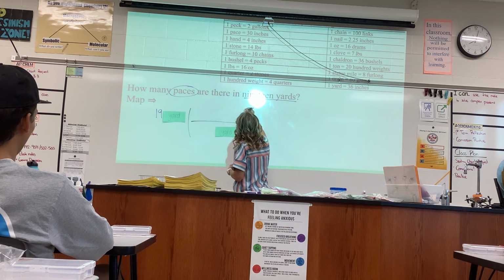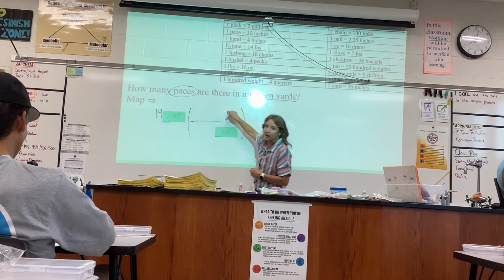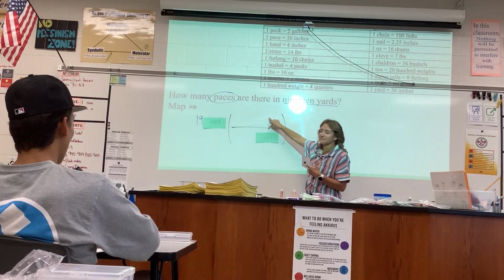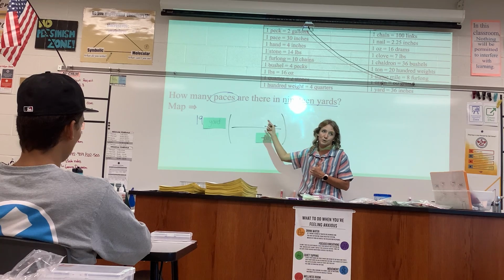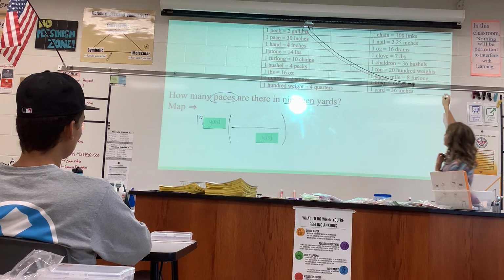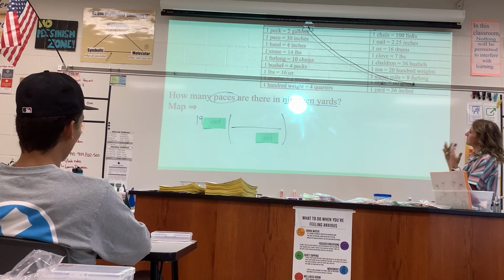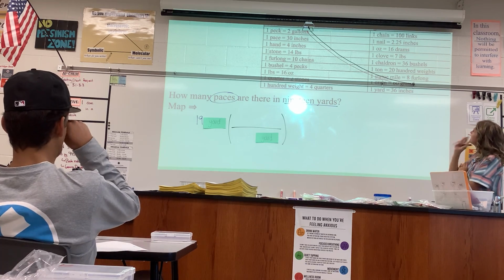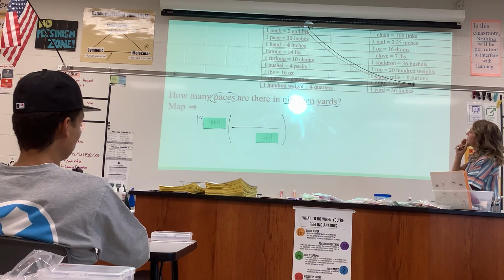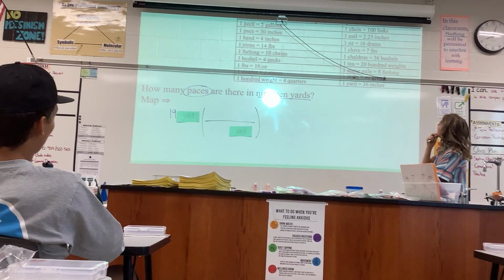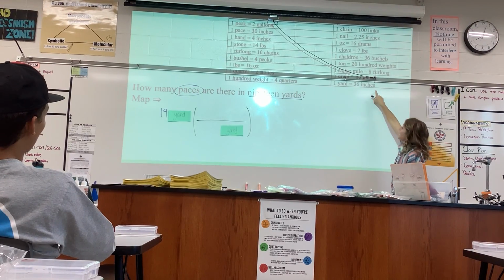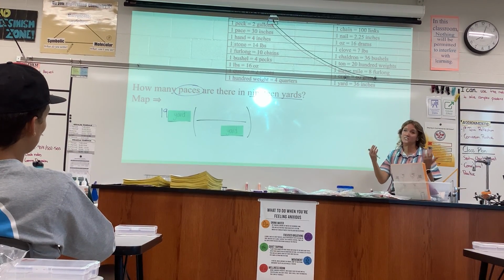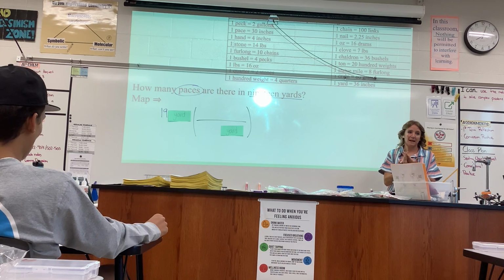Okay, now the thing that goes on top of the fraction needs to be something that yards connects to. So if I look up at this big conversion box telling me different connections, does anybody see, is there a connection directly between yard and paces? No, but there is. Okay, good. So I can't go straight to paces because I don't know that relationship, right?